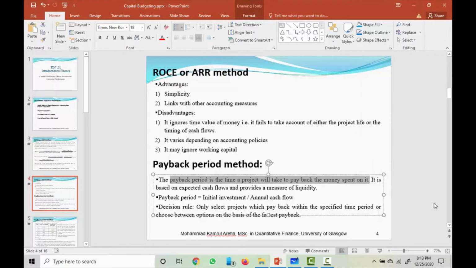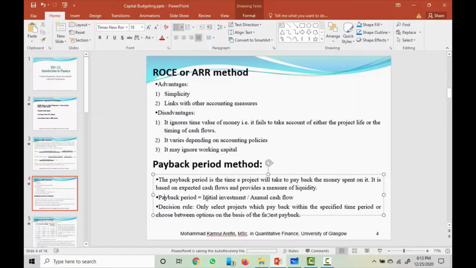Here in this method we want to know how much time it will take for us to get the initial investment back from the business or from the project. For example, if you invest 1 lakh taka or 100,000 taka in a project, we want to know how long it will take for the project to return our initial investment. So this is the payback period method.